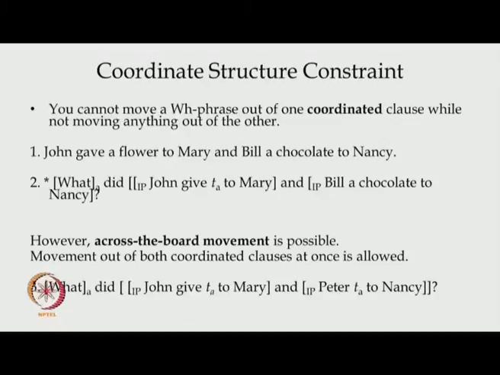I just put the point below for generic reference. We are done with our point, but we can say, and this is called across the board movement, that movement out of both coordinated clauses at once is allowed. Okay? So, we can say something like, what did John give to Mary and Peter to Nancy? This sentence is all right. That is, the extraction is out of the two at a time.